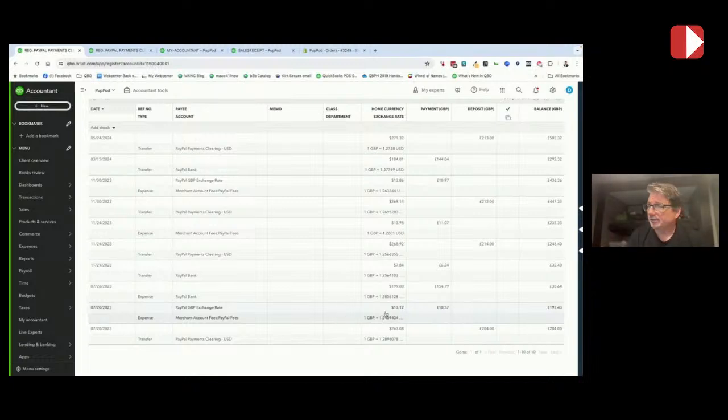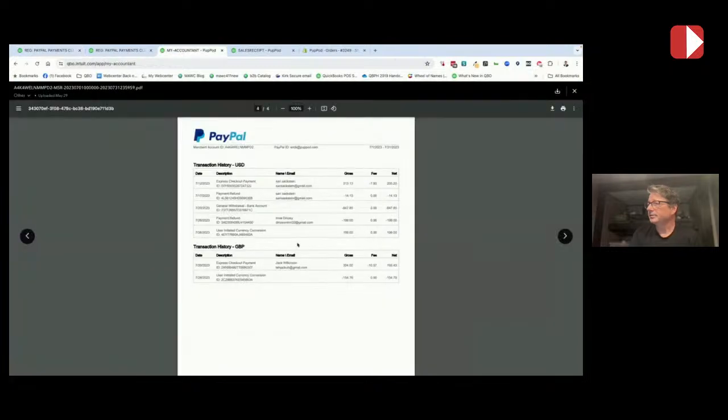So we're recognizing the fees there, and that puts us to our balance amount according to the statement, right? So here's our 193.43, right? So that is the right amount, and that's how you would account for the fees and the sale in terms of the money coming into the foreign exchange amount.